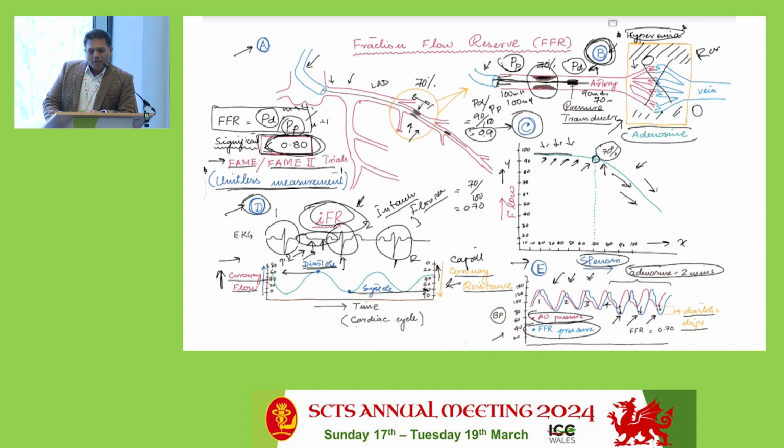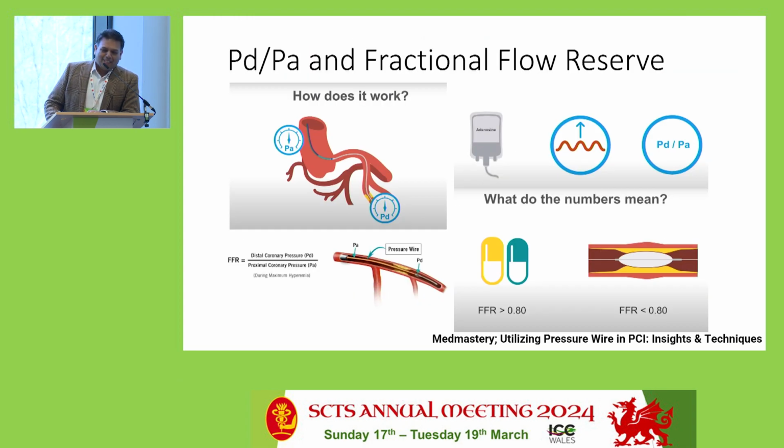Now, I was trying to practice my talk on my 10-year-old yesterday, and this is what I came up with regarding the utility of the FFR in coronary arteries. Essentially, what you have is the measurement of the pressure, which we are interested in.